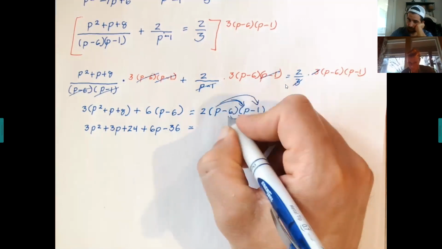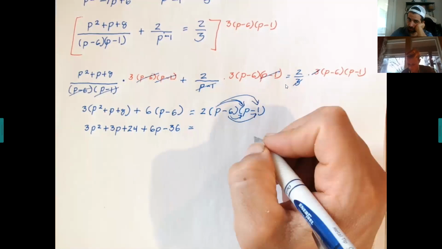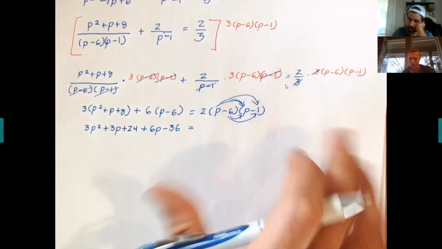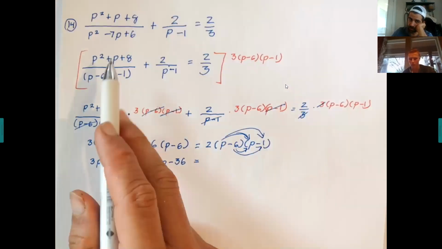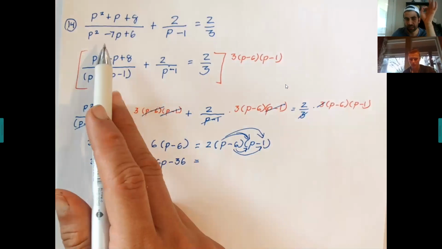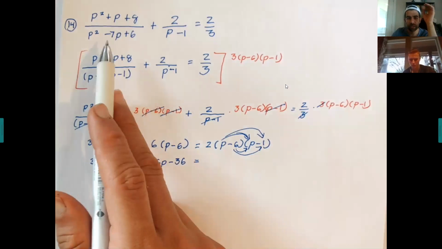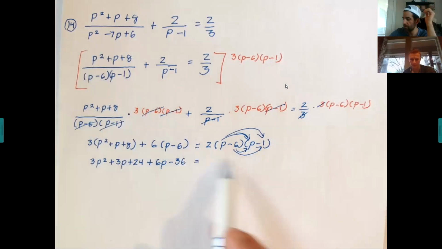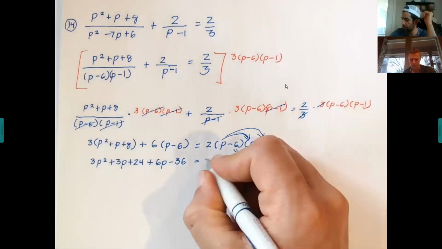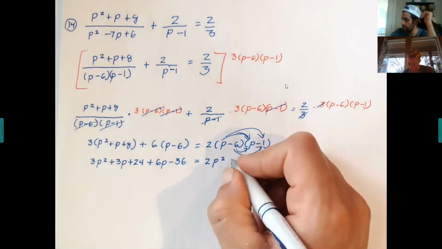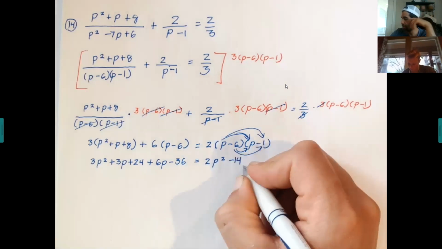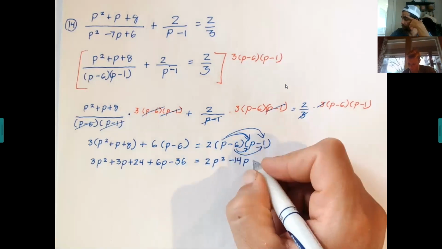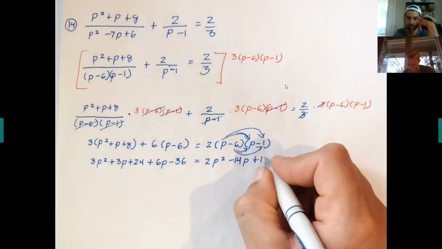I have to FOIL this and then multiply whatever the foiling part is times 2. Now, I know that when I FOIL, I get this, right? So I'm going to skip one teeny tiny step here, and I'm just going to multiply this times 2, and I'm going to put that right here because that's what that is anyway, right? So we have 2p squared minus 14p plus 12. Okay.